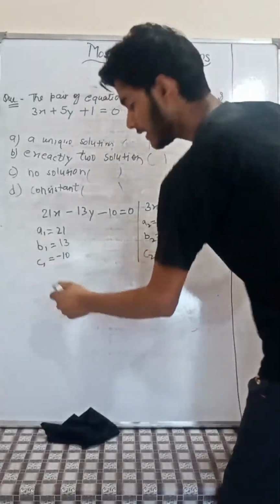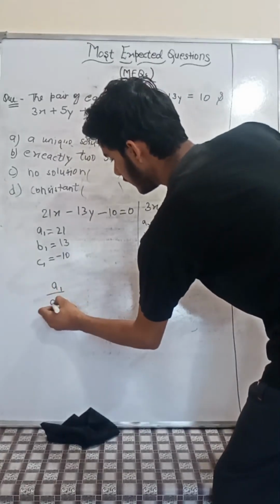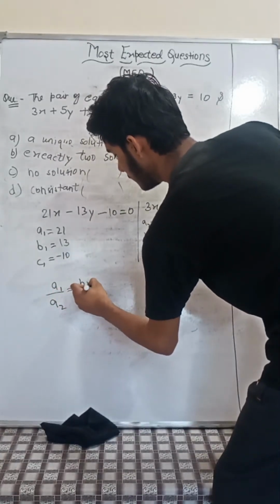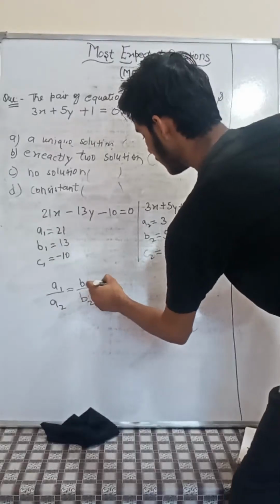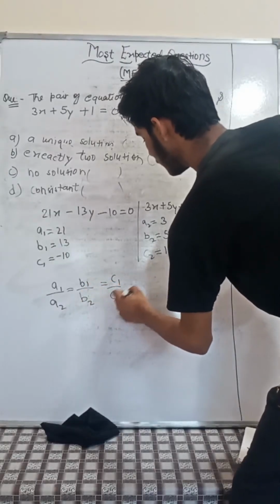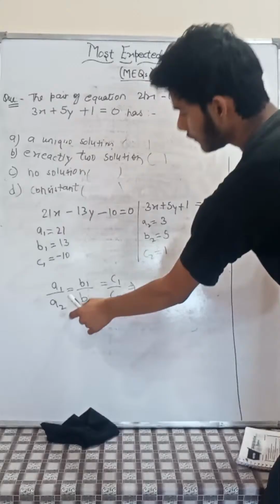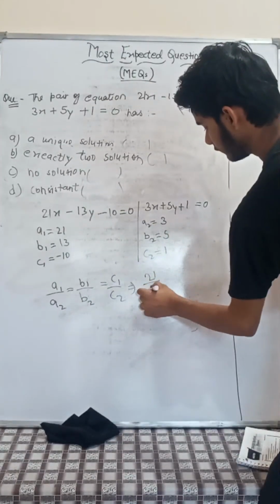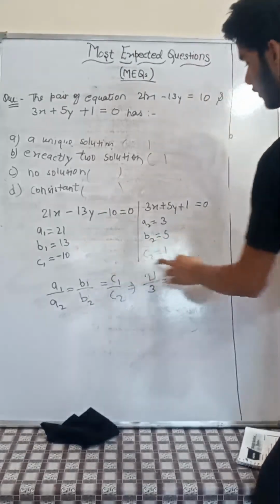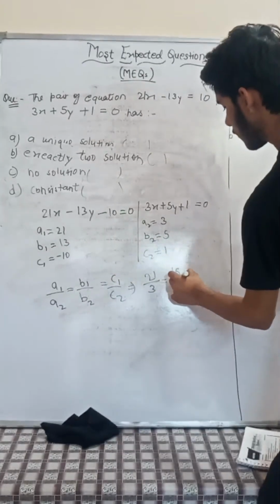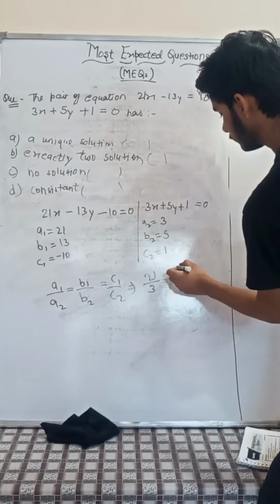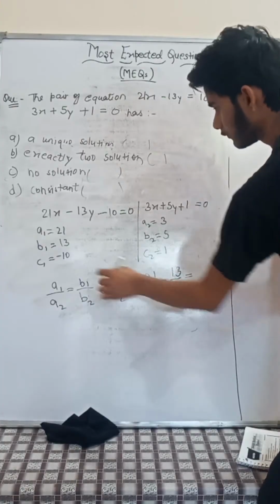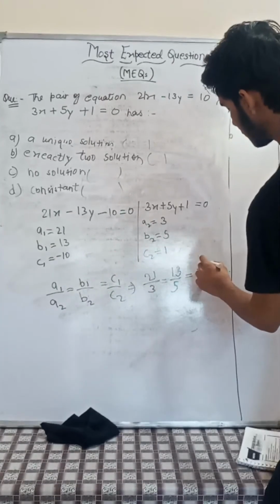Now the relation is a1 by a2 equals b1 by b2 equals c1 by c2. a1 by a2 is 21 upon 3, b1 by b2 is minus 13 upon 5, c1 by c2 is minus 10 upon 1.